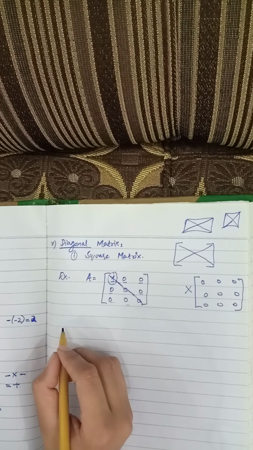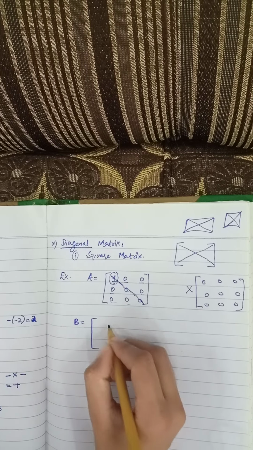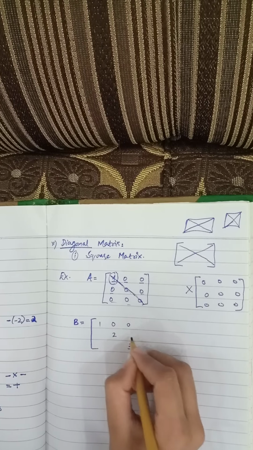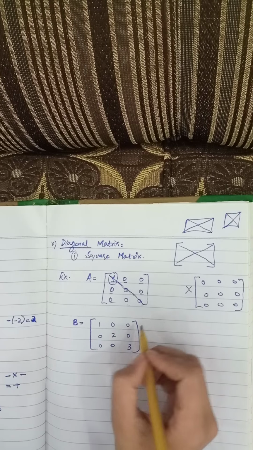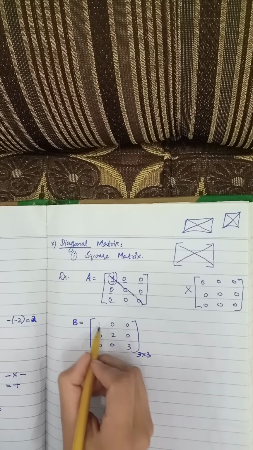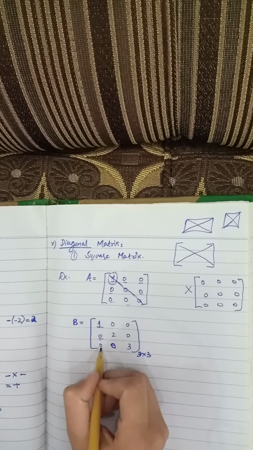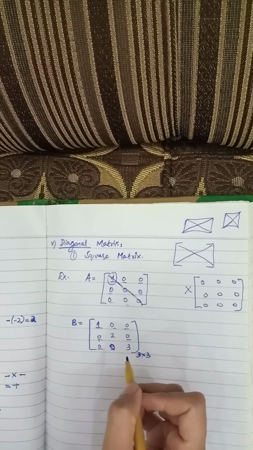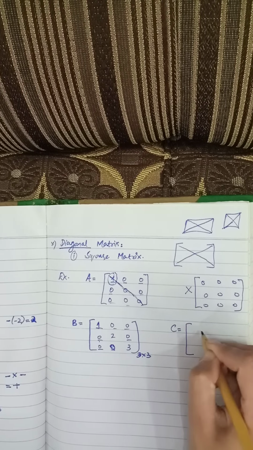Okay, let's take another example. What about this matrix? Yes, it's also a diagonal matrix because all other entries are 0 and the diagonal is non-zero. And what about this matrix?